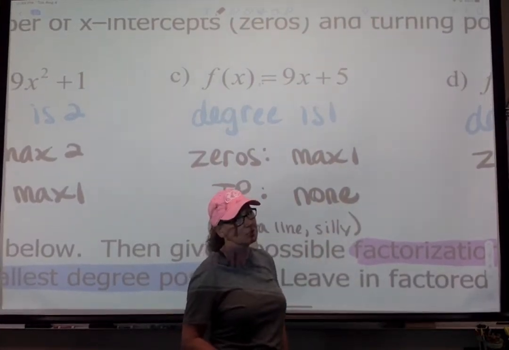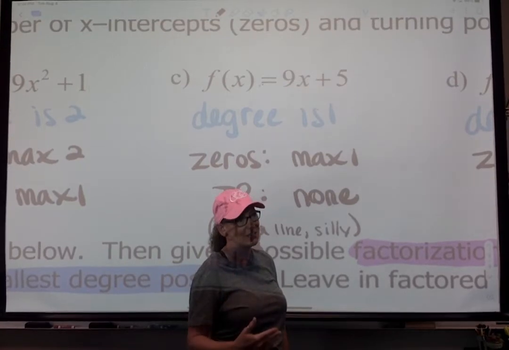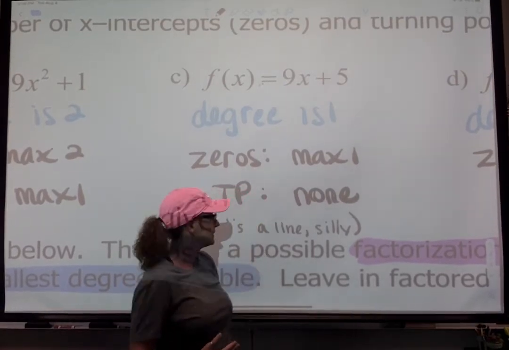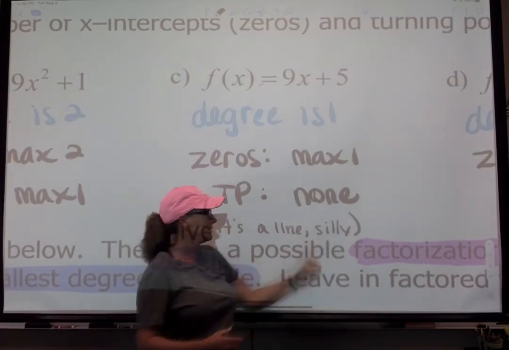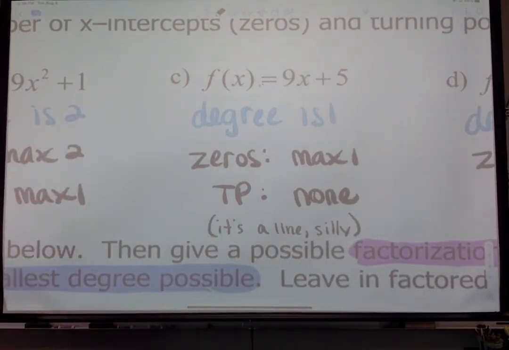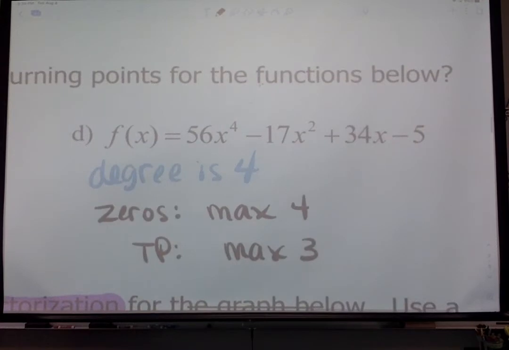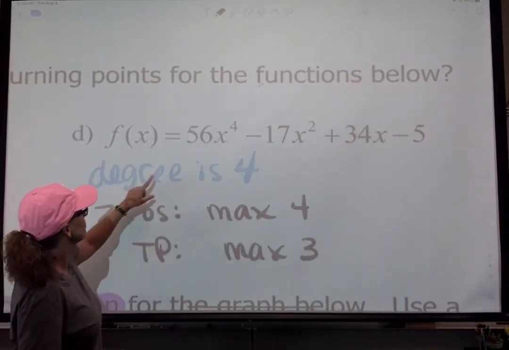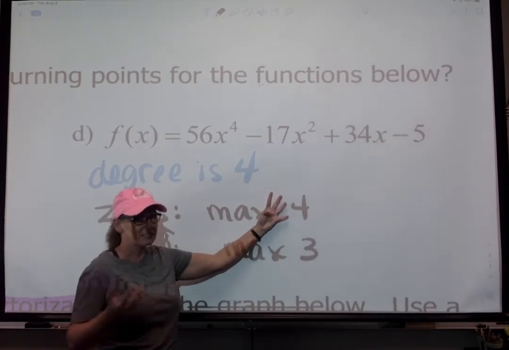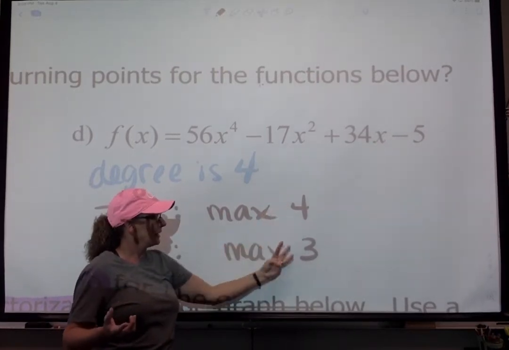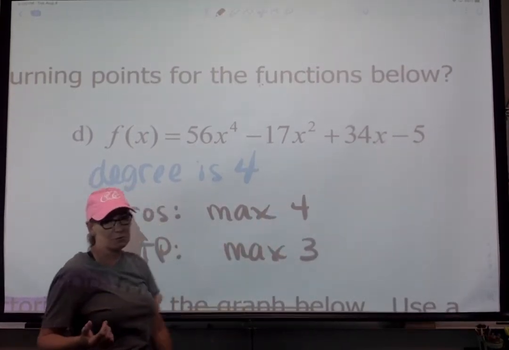Is this a trick question? It's linear. It doesn't turn. That's right. Its degree is 1, so turning points would be 0. And last one here, the degree is 4. So it can cross the x-axis up to 4 times, and it can have as many as 3 turning points.